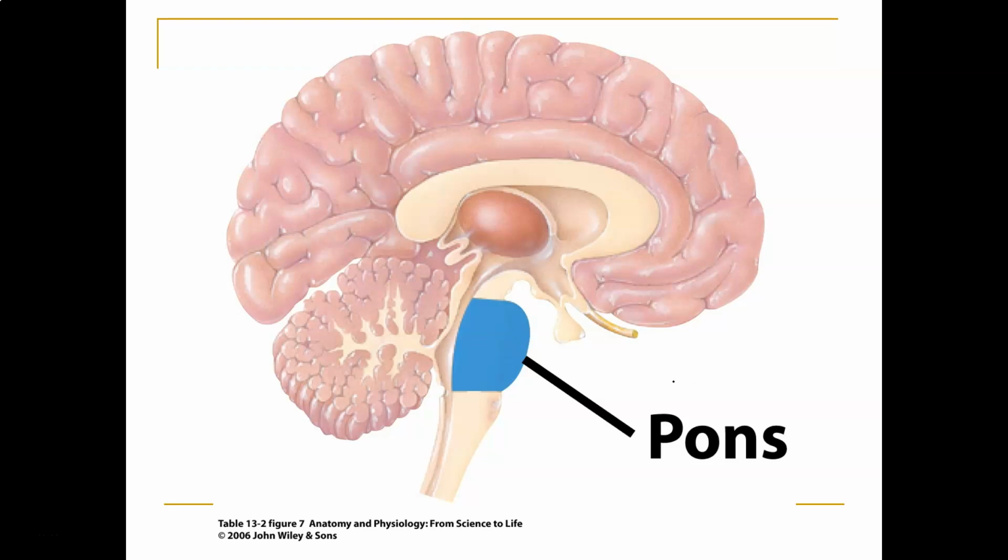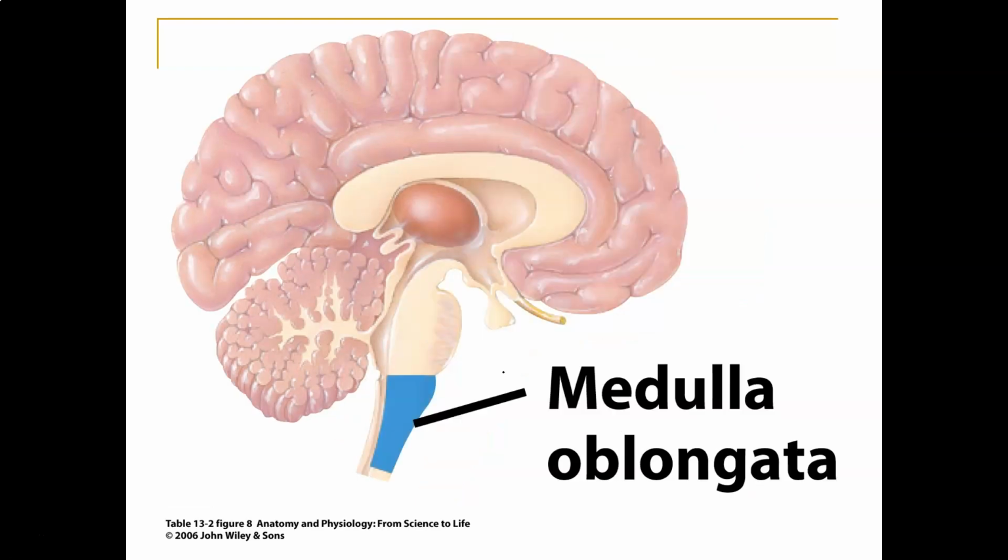Pons comes from bridge because it is like a gateway for lots of fiber tracts connecting between your spinal cord below and the brain above. You could definitely go into a lot more detail about what kind of nuclei are in there, but we're keeping it very general here.